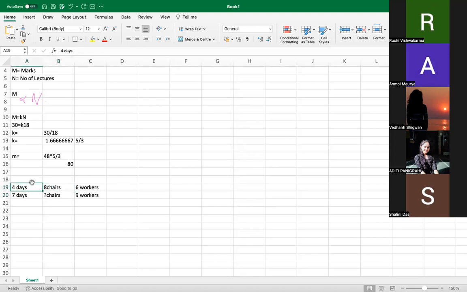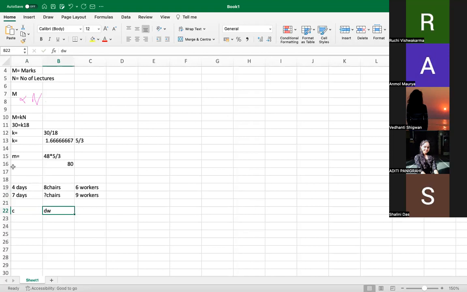But here, 3 more days are given and 3 more workers, so obviously the number of chairs should also go up. So can we say they are all directly proportional? The number of chairs is going to increase when the number of days and workers increase. Correct?